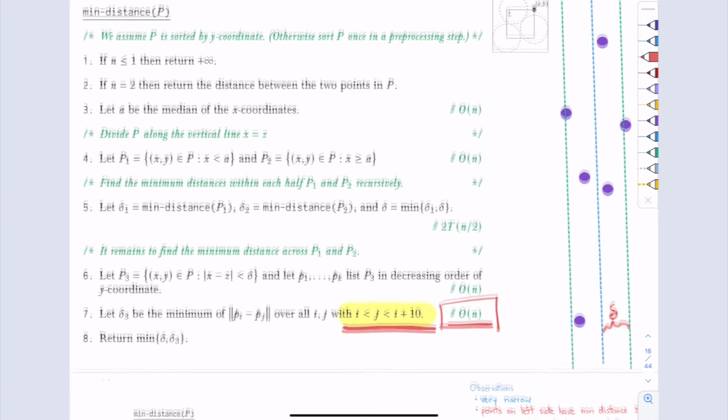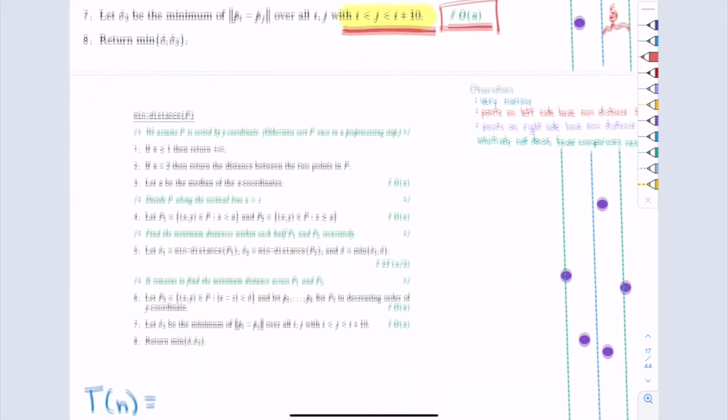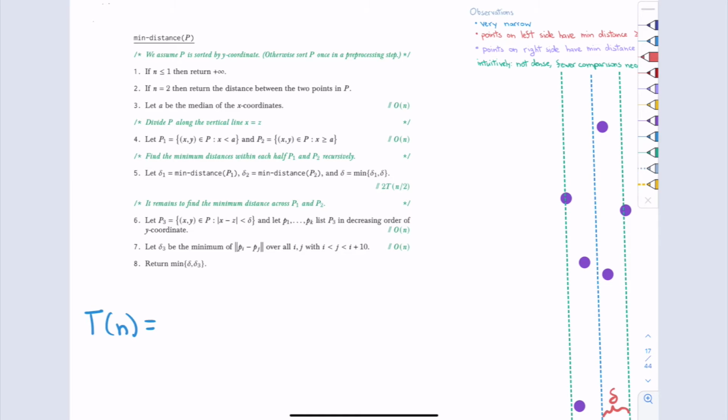So as far as the whole running time goes, I've already annotated the lines. Computing the median takes linear time. Dividing the point sets in half takes linear time. We have 2 recursive calls on half the point set.